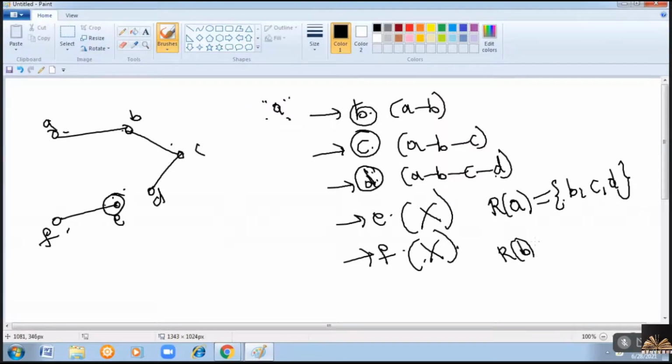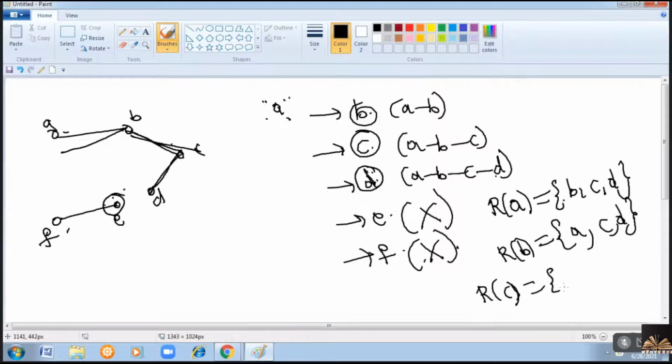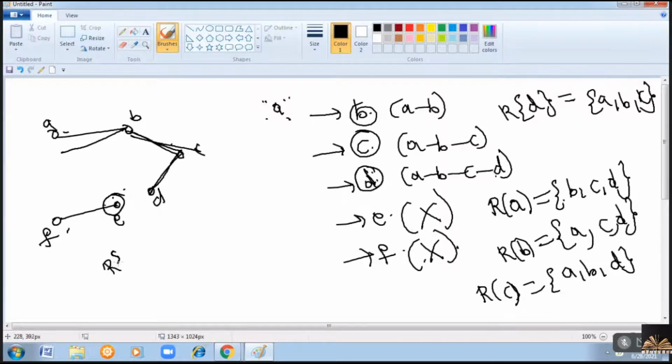Now consider B. What is the reachable set of B? From B you can reach A. From B you can reach C. From B you can also reach D, through BC and CD. So this is the reachable set of B. Now what is the reachable set of C? It is again A, B and D. And the reachable set of D is A, B and C. Now what is the reachable set of E?